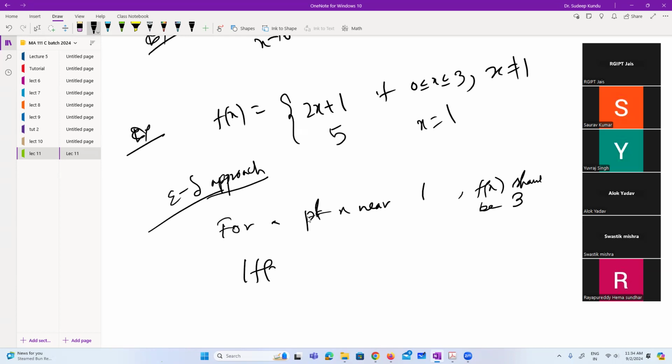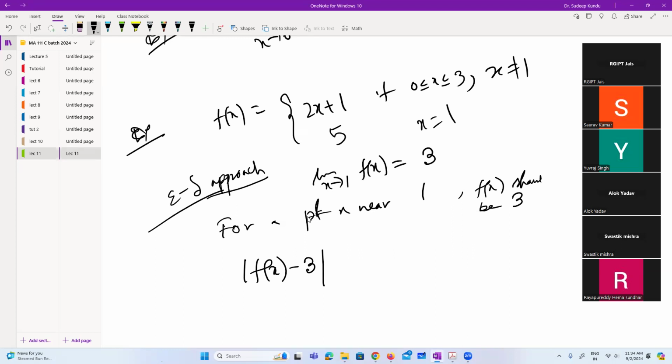So in the epsilon delta approach, first you have to know the limit. So limit x tends to 1 of f of x equals 3.